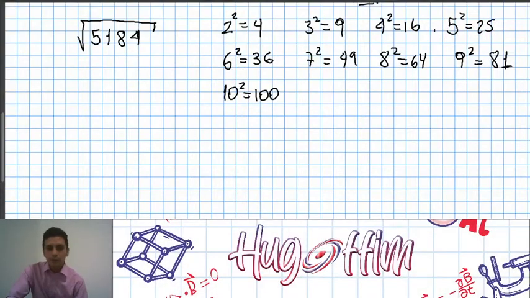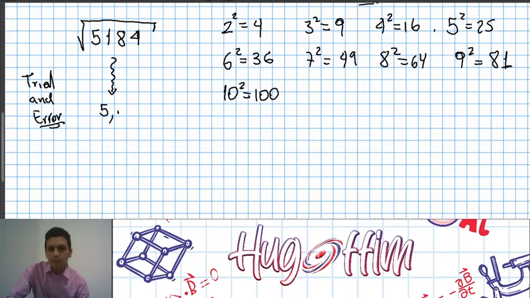You have this number, and I'm going to do trial and error. This number seems to me closer to 5,000. Okay, 5,180 seems to me closer to 5,000. And 5,000, it's the multiplication.